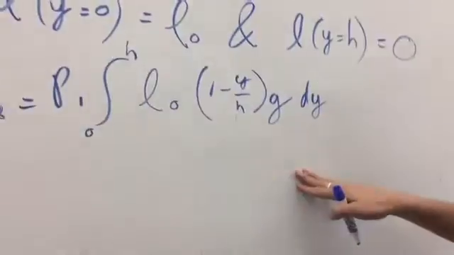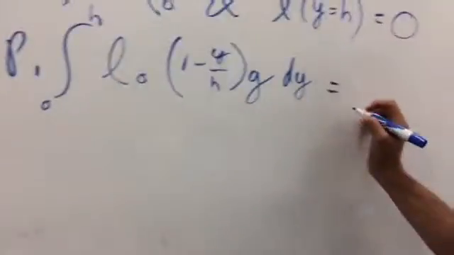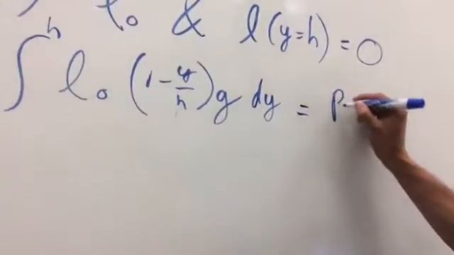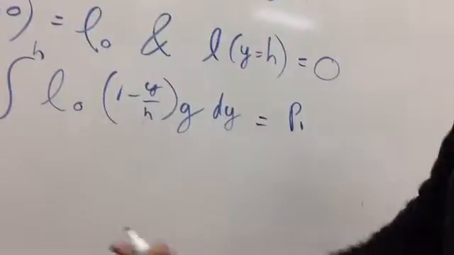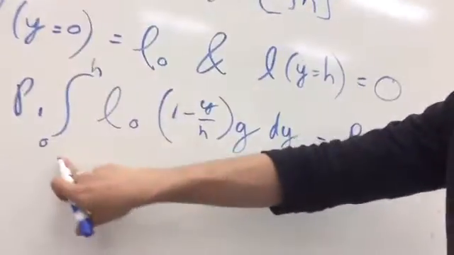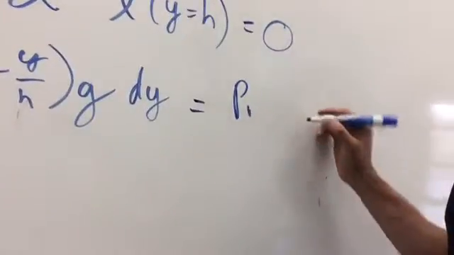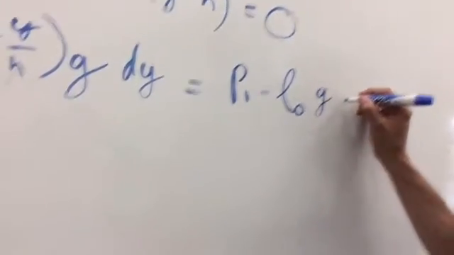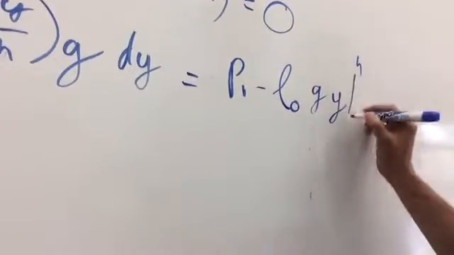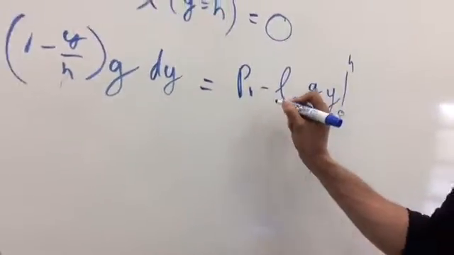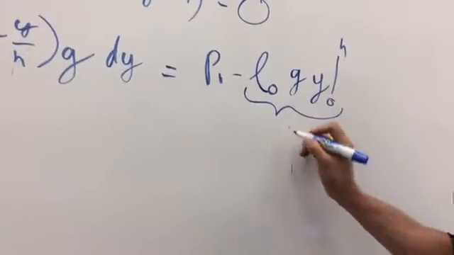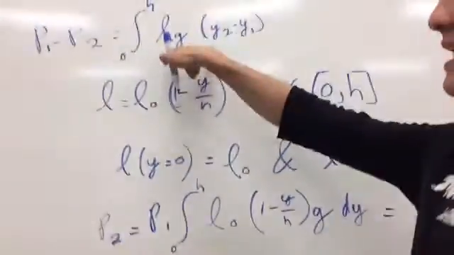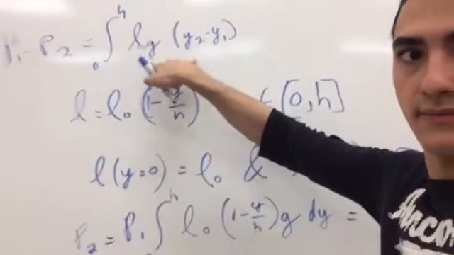As we integrate it, pressure 2 will be equal to pressure 1, which is a constant, minus the initial density times gravity times y. This part belongs to the density, gravity, and the height, and it is the main part of the formula.